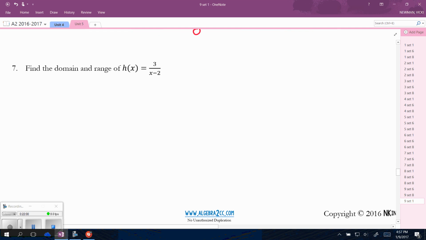All right. Find the domain and range of h of x. Well, the domain is x cannot be whatever makes the bottom 0. So x cannot be 2. The range, if you were to look at the graph, or if you would remember that the 1 over x domain and range are x cannot be 0 and y cannot be 0.